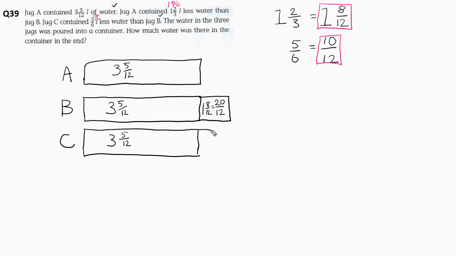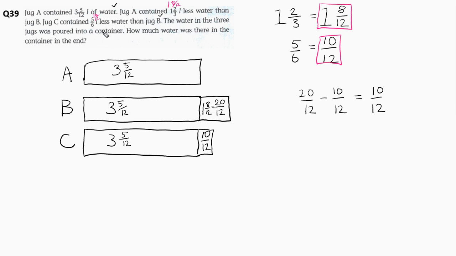So if we do 20 twelfths and we take away 10 twelfths, we are just taking 10 away from 20, which leaves us with 10 twelfths. Okay, so I can see that this has a value of 10 twelfths. Hopefully you're following along. So I think we've captured all of the information. All right, so I've got that.